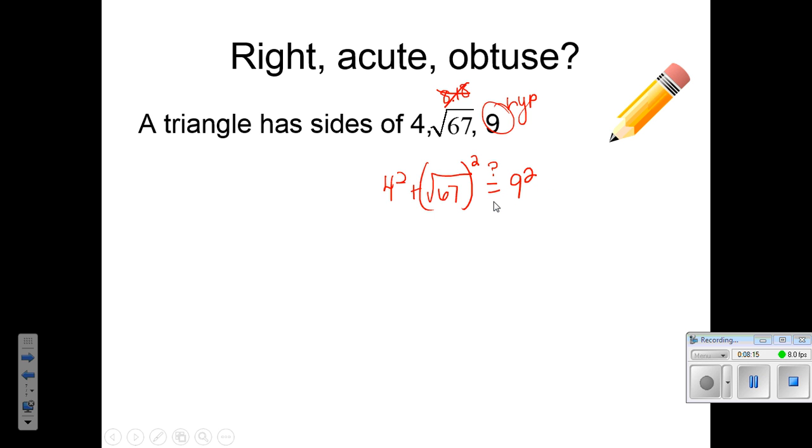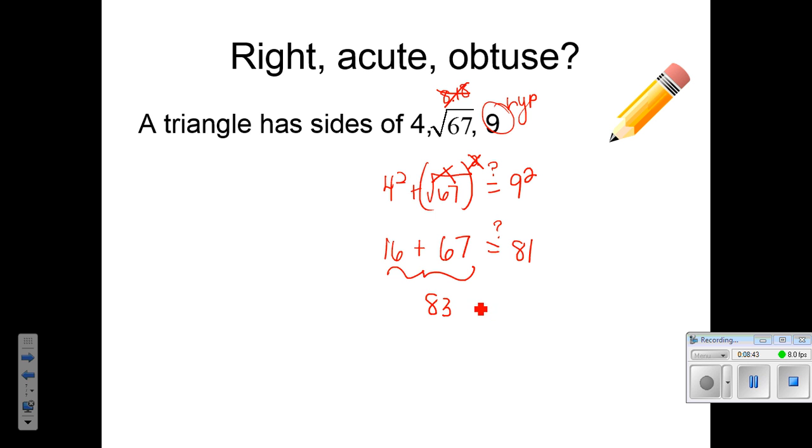Okay, so 4 squared is going to be 16. The square root of 67 squared, the square root and the square are going to cancel out, and I'm going to be left with 67. And does that equal 9 times 9, which is 81? 16 plus 67 is 83.